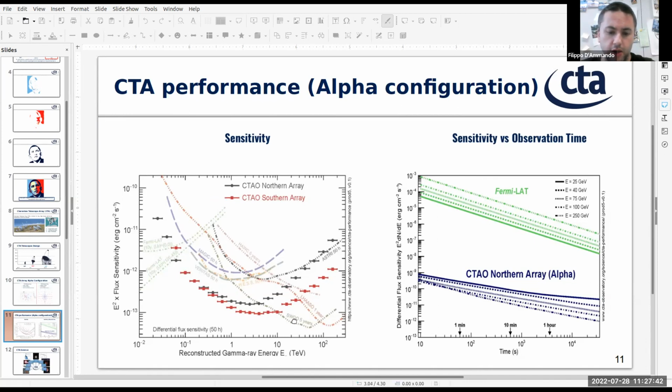And here you can see also Fermi-LAT and HAWC, but with a longer exposure time, so 1 year and 5 years. And another important strong point for CTA will be the possibility to have great sensitivity at shorter time scales, also with respect to the Fermi-LAT.